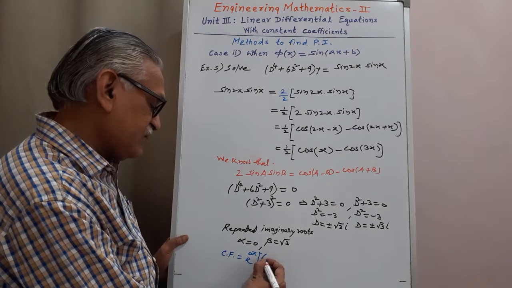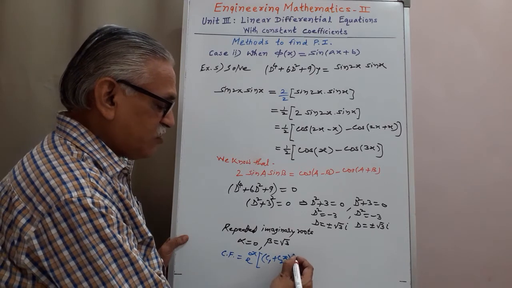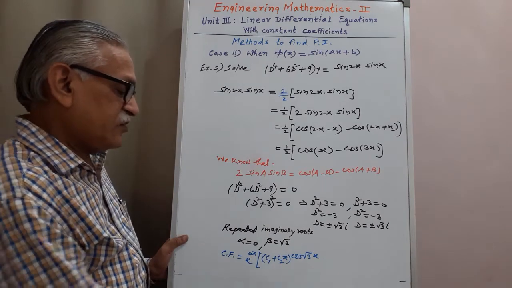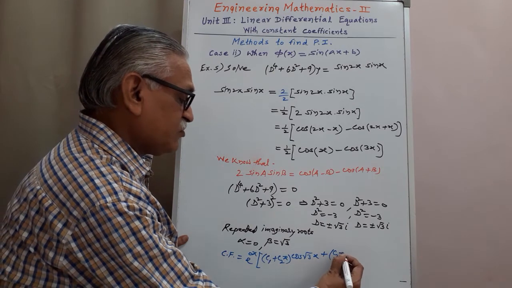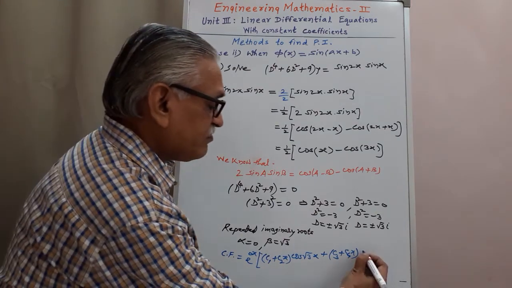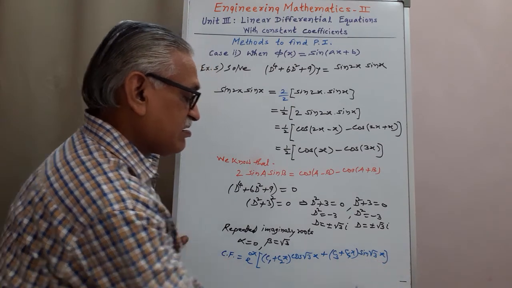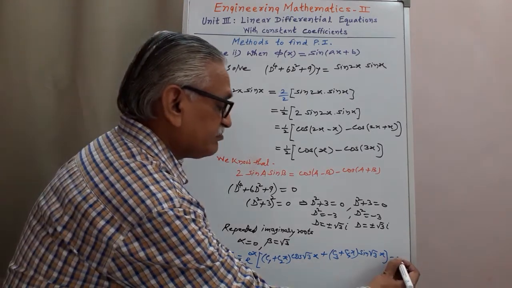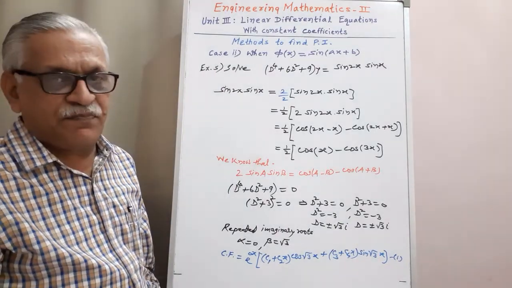The way to write this CF is c1 plus c2x into cos of beta x, beta is root 3, so cos of root 3 x, plus next constants c3 plus c4x into sine of beta x. We call this equation 1, CF. And then next step we find PI.